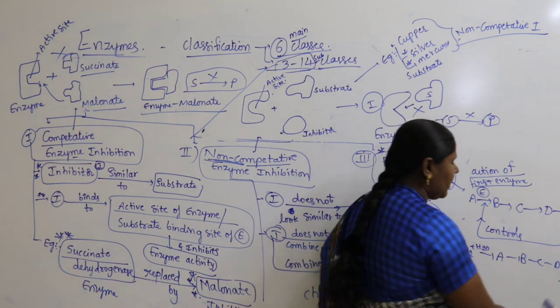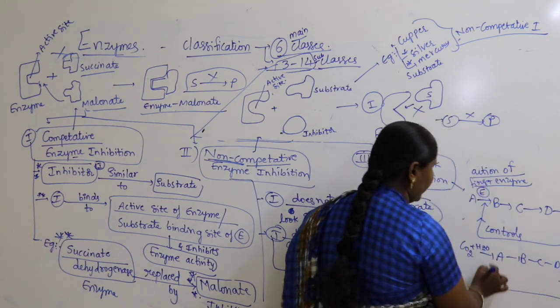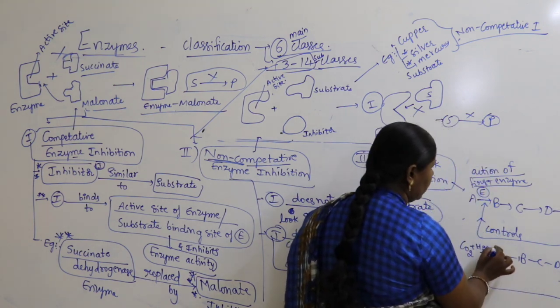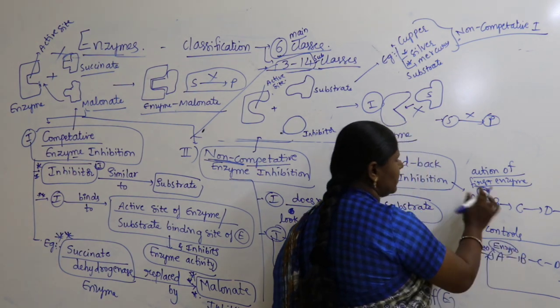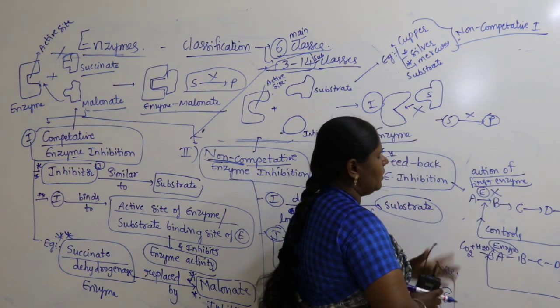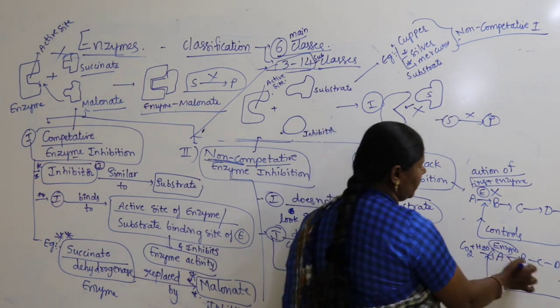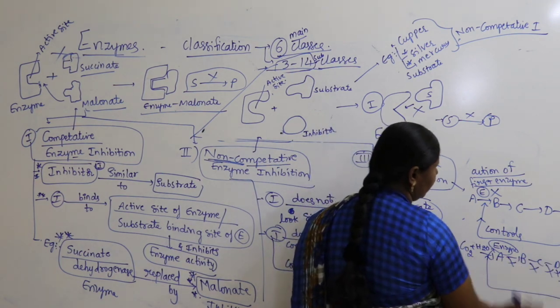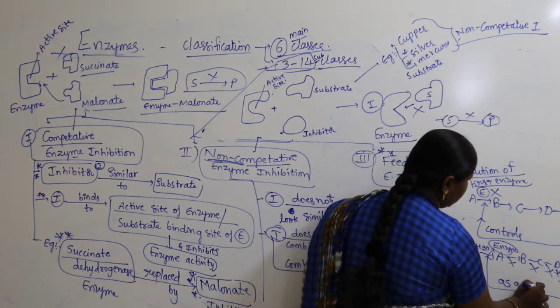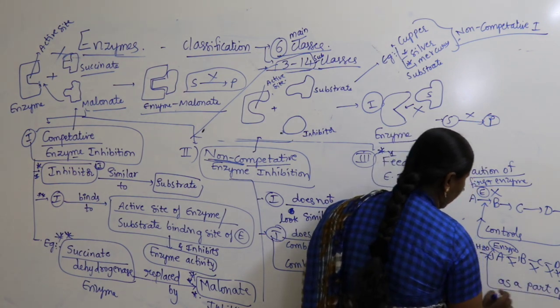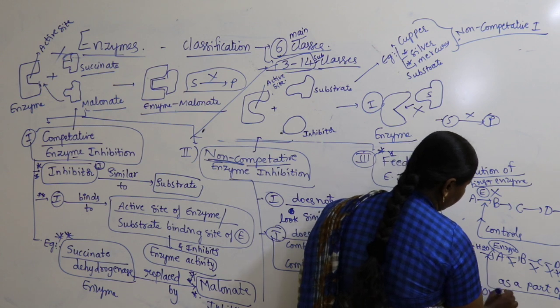At that time, what happens? Sucrose itself acts as a controller and inhibits the first enzyme of the reaction. When the first enzyme is blocked, there is no production of A into B, B into C, C into D and all that. It all happens as a part of homeostatic control.